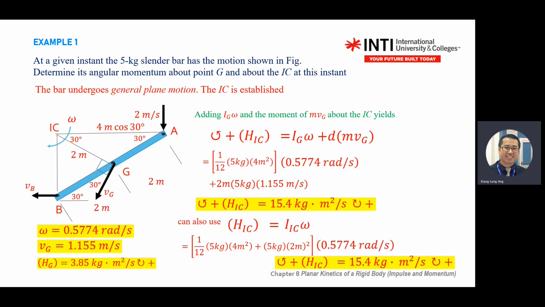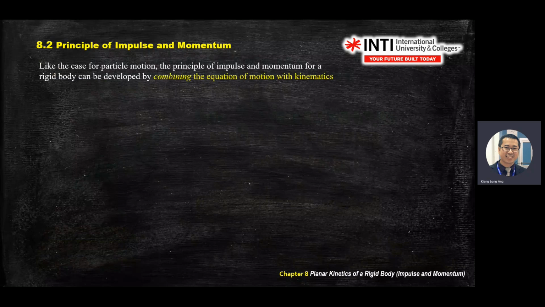IO equal to IG plus MD square. You just substitute inside here. Okay, if you need to find at another point, the normal one is you use G. If it's external, IO omega. Just substitute inside here. Okay. So we start to introduce you to the principle of impulse and momentum.